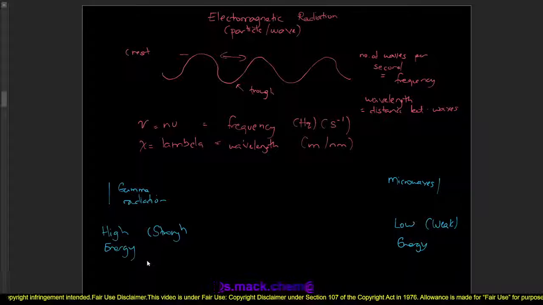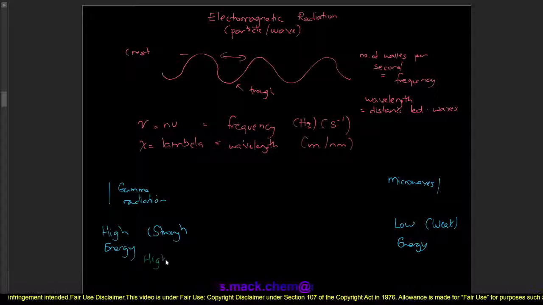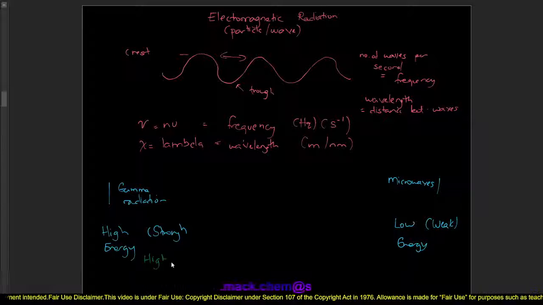So it's going to have a high frequency. What about the wavelength? For there to be many waves per second, this means the waves have to be closer together. So that means I should have a short wavelength.